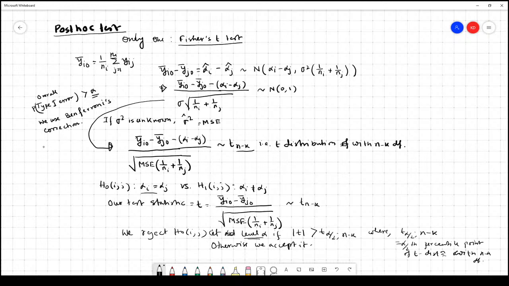According to Bonferroni correction, alpha is your family wise error rate, and alpha star is your pairwise error rate.